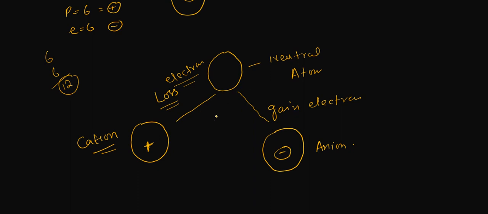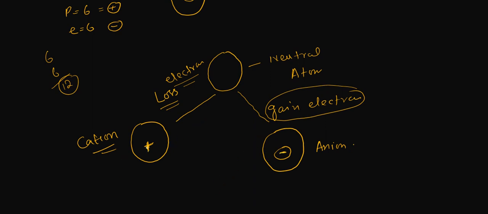In mathematics, positive means addition. However, in chemistry it is reverse. When an atom loses an electron, it gets a positive charge, and when an atom gains an electron, that is, on addition of electrons, the charge is negative.